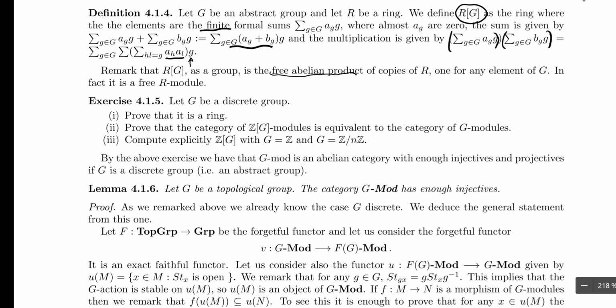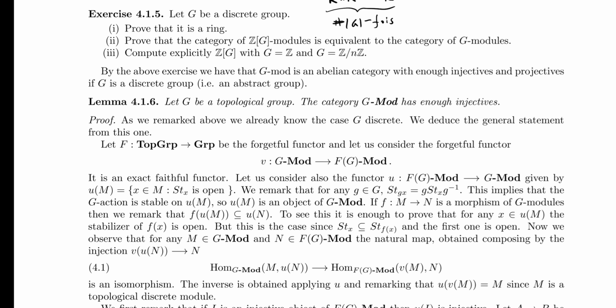So there are |G| positions in this group. At each position you do the summation in R. In fact, it is a free R-module.